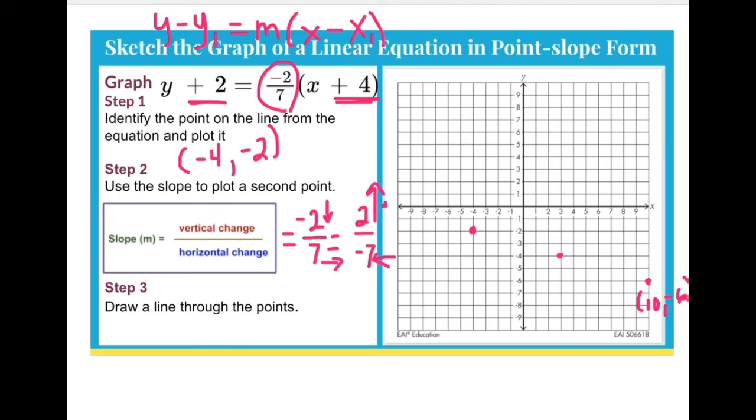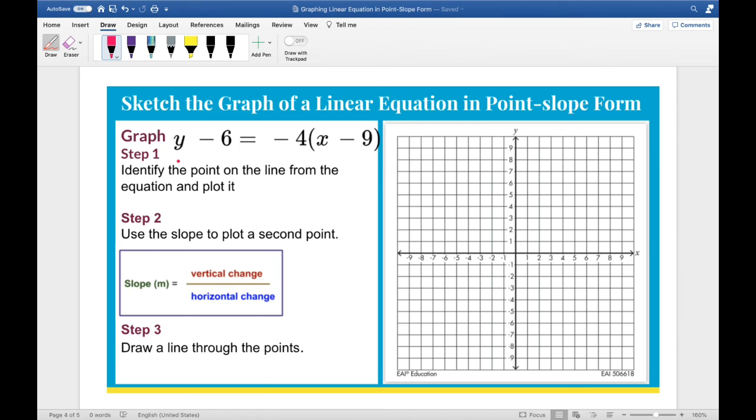And then we connect the points. So this is the line that represents the equation y plus 2 is equal to -2 over 7 times the quantity of x plus 4. Now let's graph the last example.